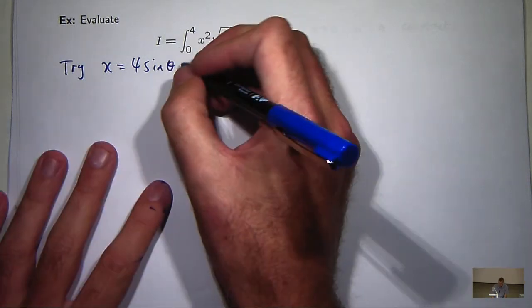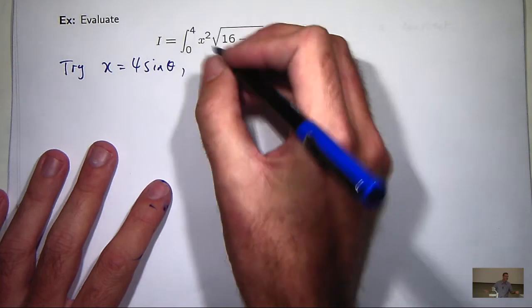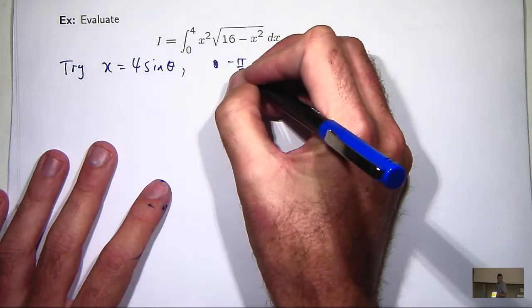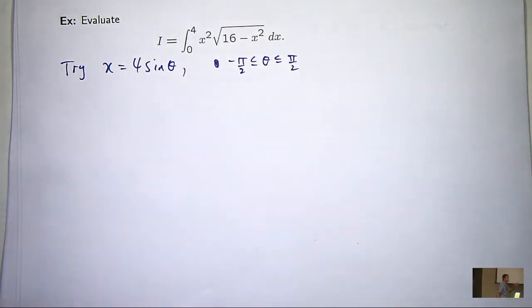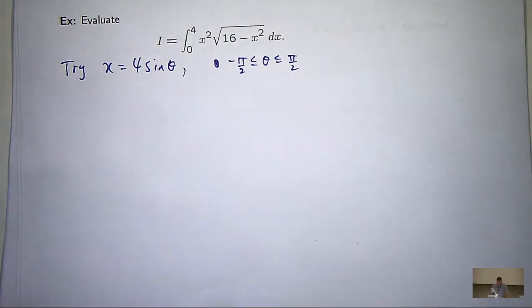Now, even if you've learnt this stuff before, and you go, come on, Chris, I know this, you may not have been told all the ins and outs of it. So, for example, the theta here is between minus pi on 2 and pi on 2. Can anyone suggest why that is?